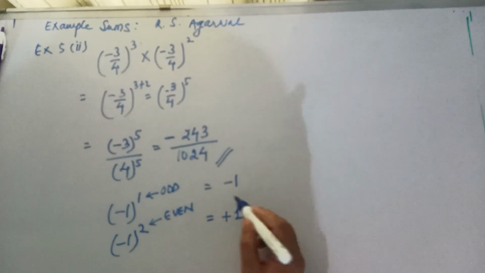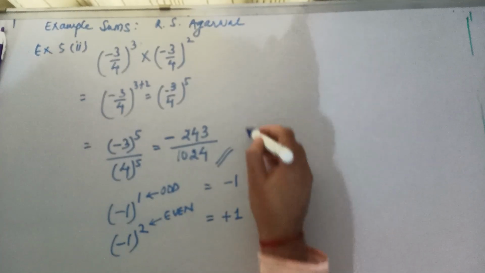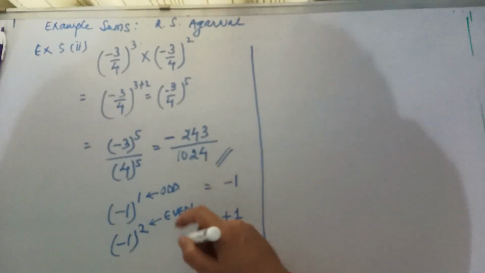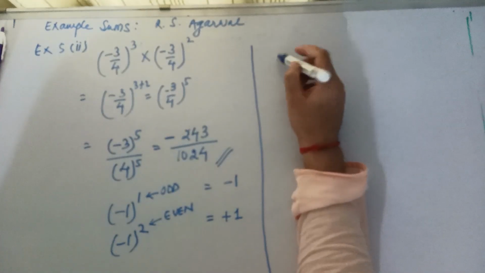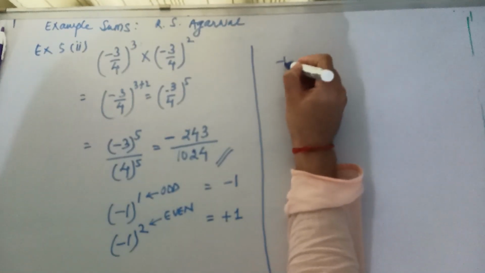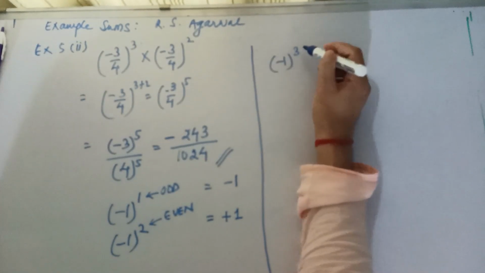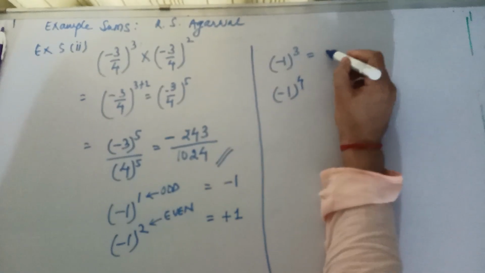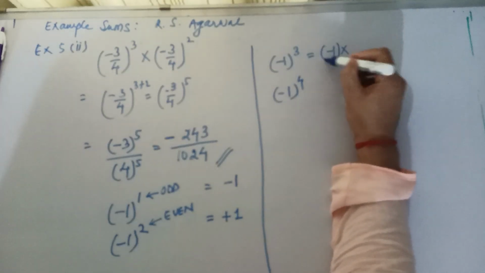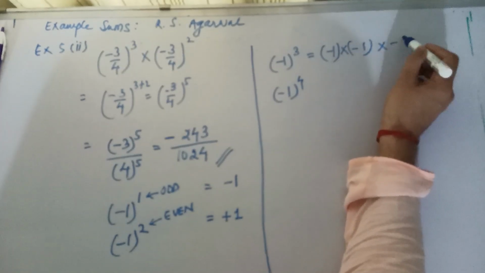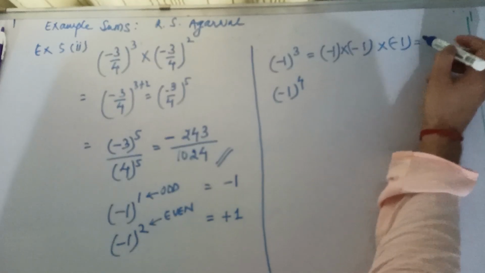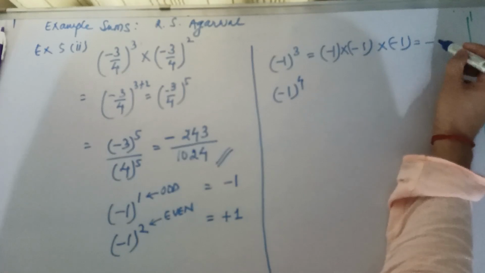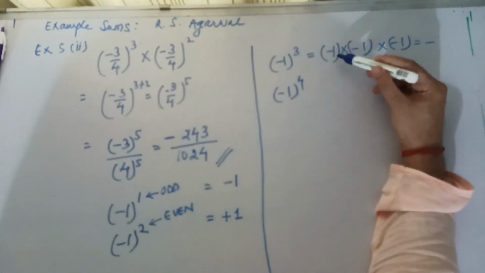Why are we getting it like this? Let's take an example and understand this, because this is also important, and a lot of calculation errors happen here. So let's say we have -1 raised to 3, and -1 raised to 4. So -1 into -1 into -1. Minus into minus is plus, plus into minus is minus, and 1 into 1 into 1 is 1.